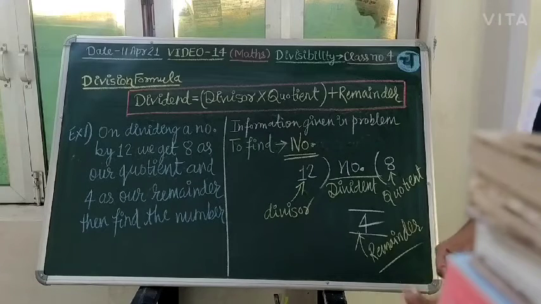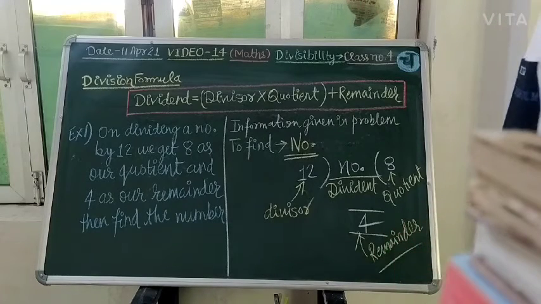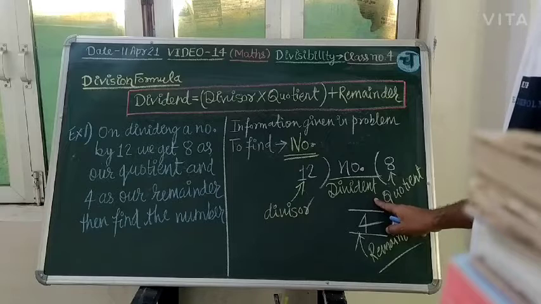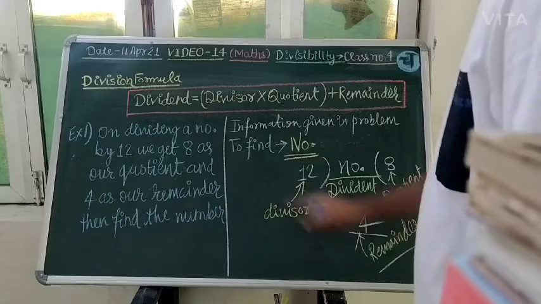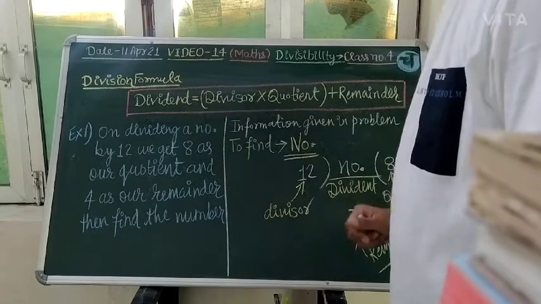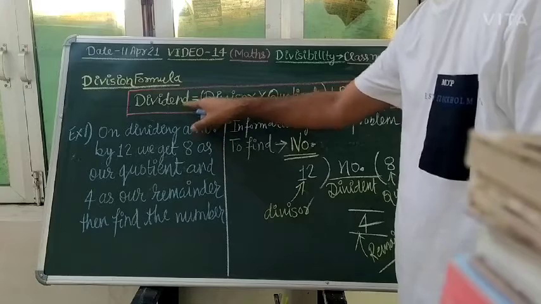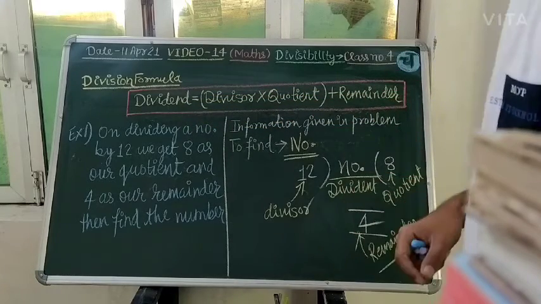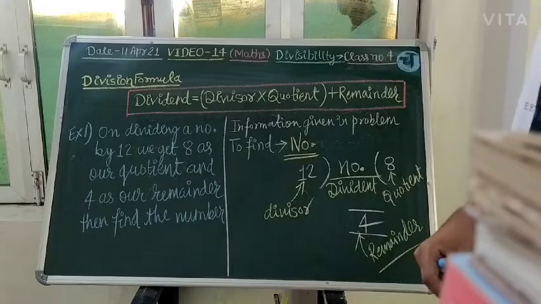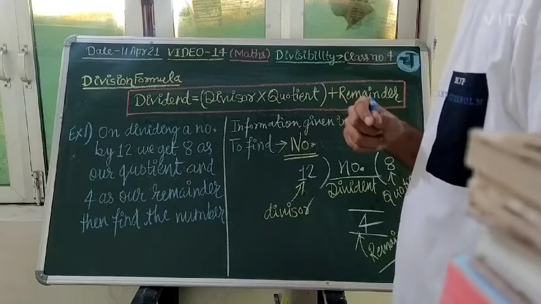So you will have to think how to find it. Immediately it should click in your mind that the formula is given to us: dividend equals divisor into quotient plus remainder, which I studied in divisibility.